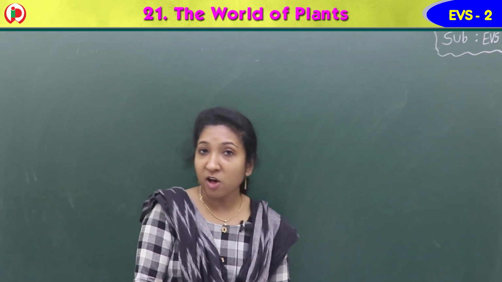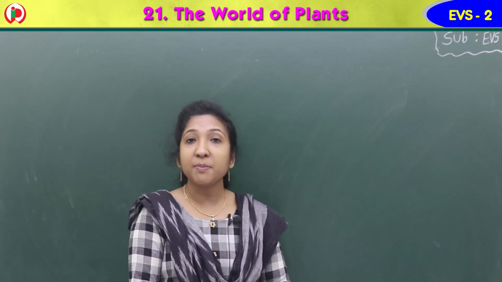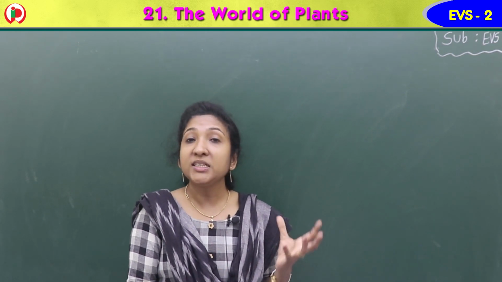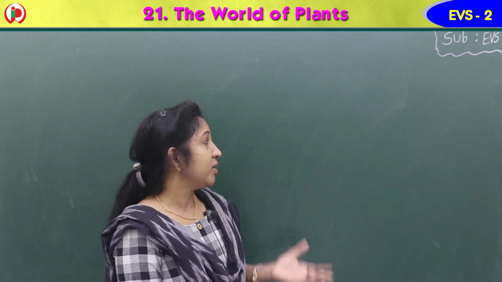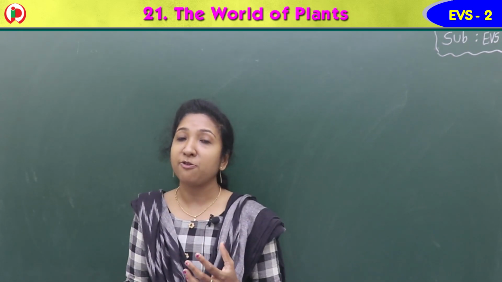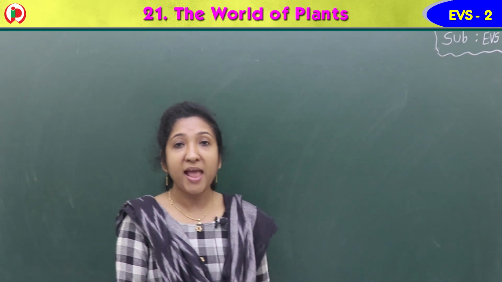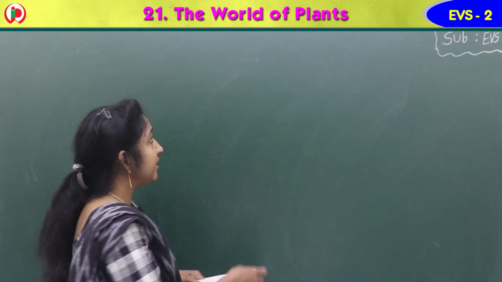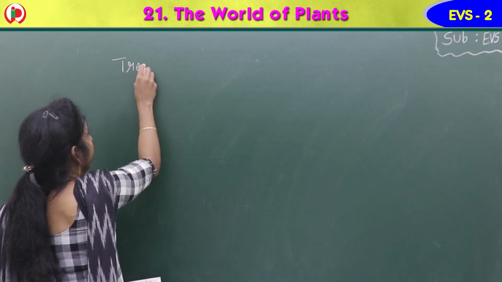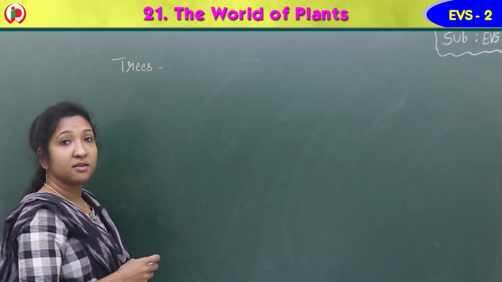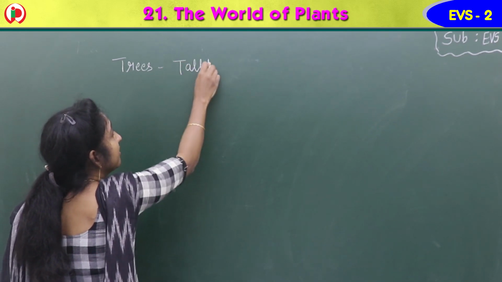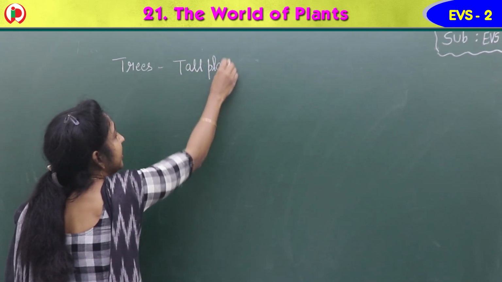So let's recall, children. What are the main things you learned here? We learned about different types of plants around us, isn't it? Around us we can see many kinds of plants. First, we learned about trees. Trees are tall plants, or big plants, T-A-L-L.